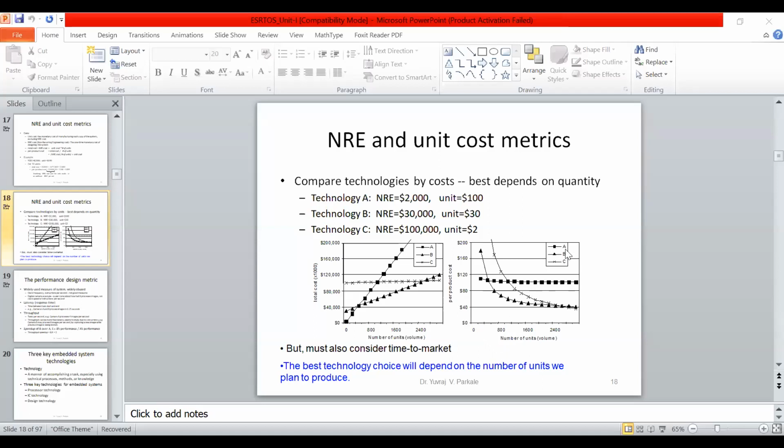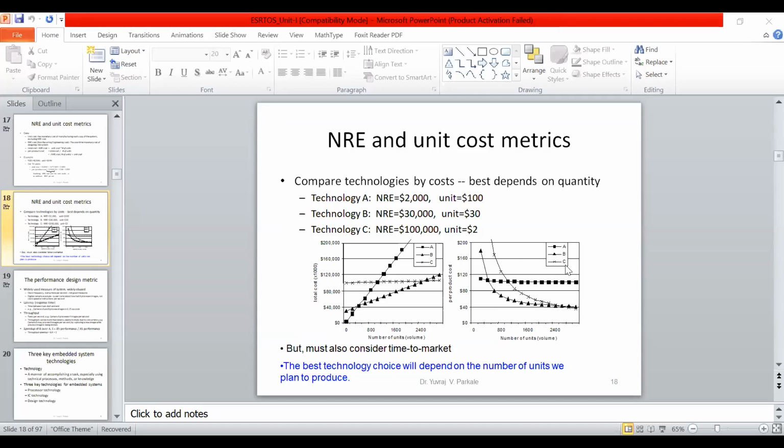Again, compare the three technologies A, B and C. For technology A, the square, as the number of units increases, the per product cost is almost flat. For technology B, if there are fewer units, the per product cost is higher, but if I increase the number of units, the per product cost goes on decreasing.